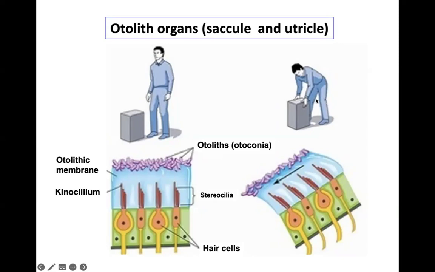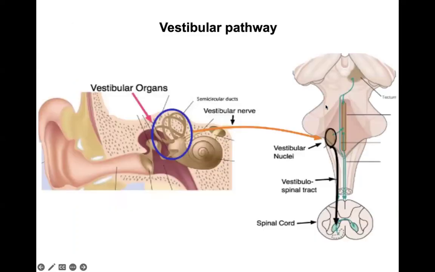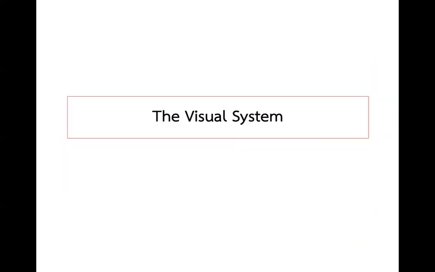So you have to put a little bit more force here in the front to make sure that you stabilize the pose, right? So in other words, the head movement, the position of your head, the balance, is adjusted by this vestibular signal that comes to the brainstem and then sends the signal down to the spinal cord and then adjusts the muscle contractions. Okay. So that is one very important way to maintain the body balance.